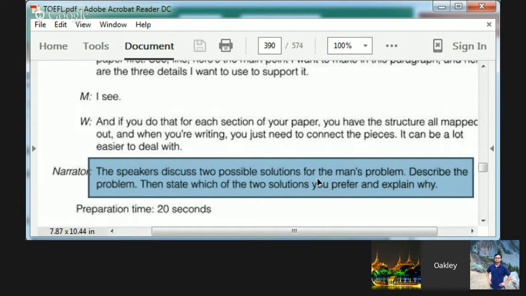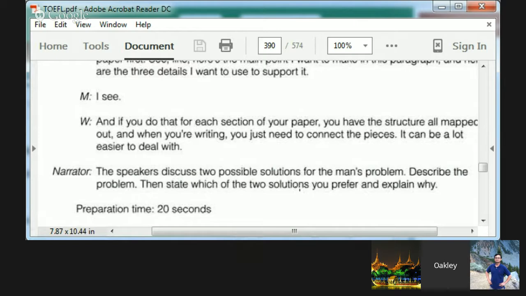Then the student thinks just sitting in front of the computer is not enough. So the professor told him to prepare some flashcards and write down some subjects and details and try to organize them. So that's 2 possible solutions: to get started first and write something, and to organize it.